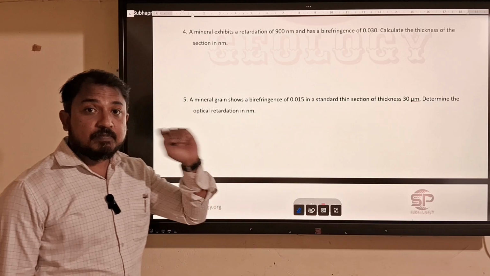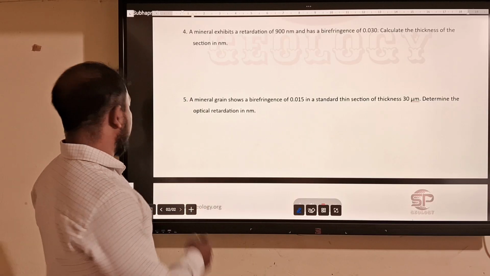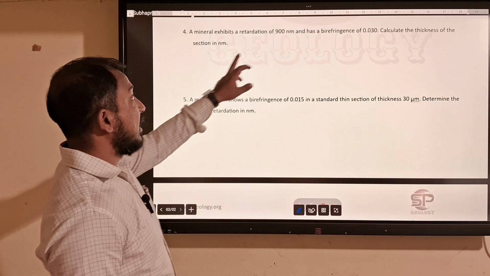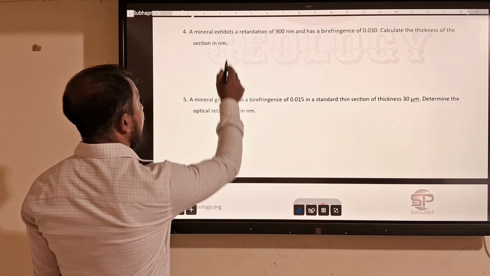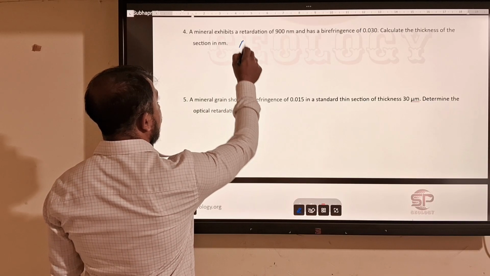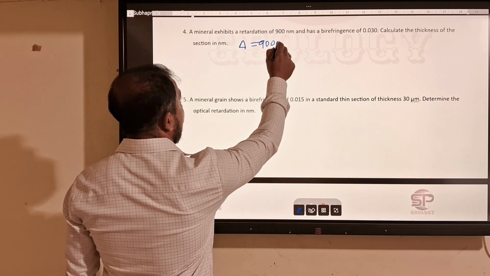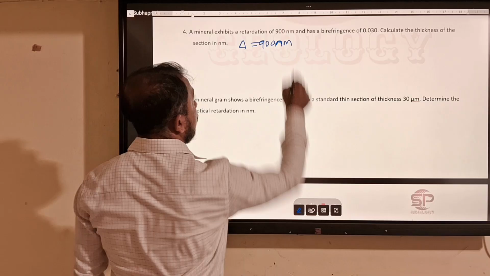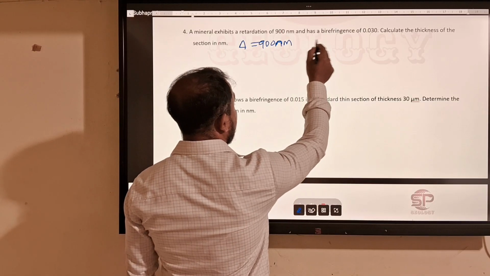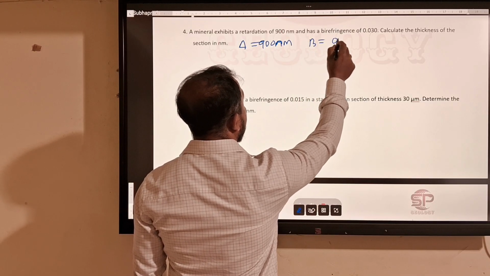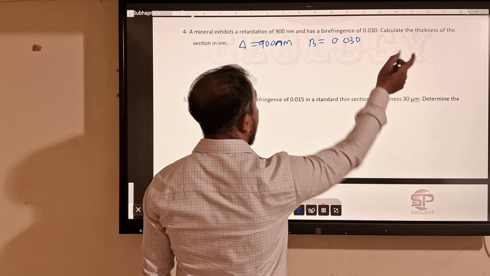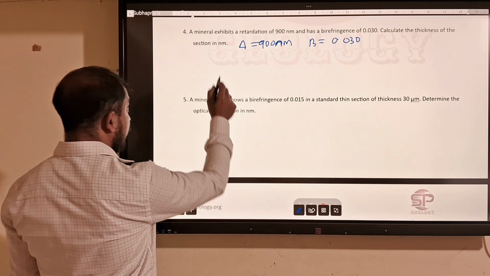So next question: the mineral has a retardation of 900 nm. Retardation is given as 900 nm. The birefringence is given as 0.030. Calculate the thickness.